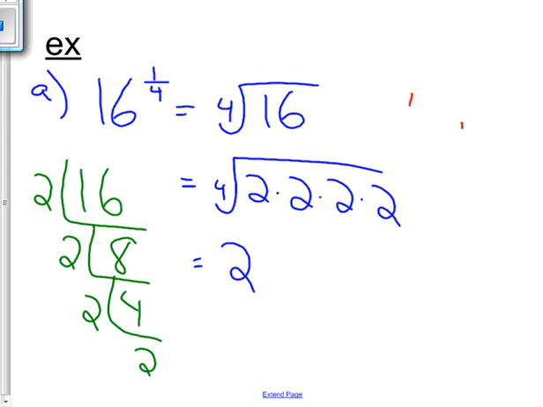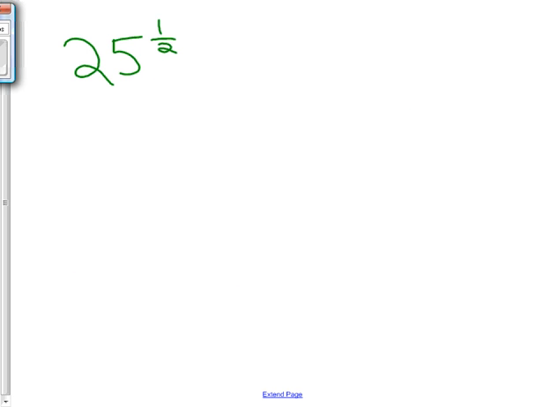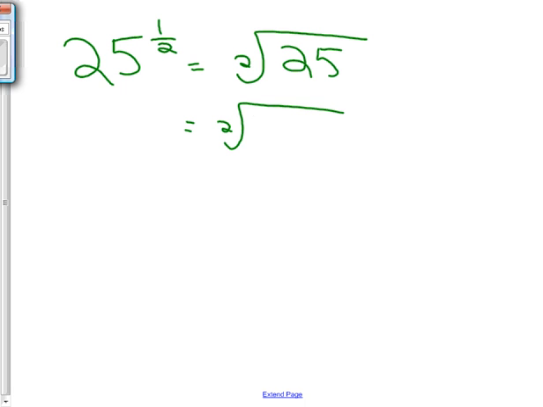Okay. So we rewrite this as the square root of 25. Then we have the square root of 5 times 5. And because there's a 2 here, we take out a pair of 2.